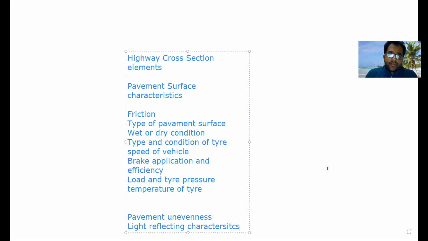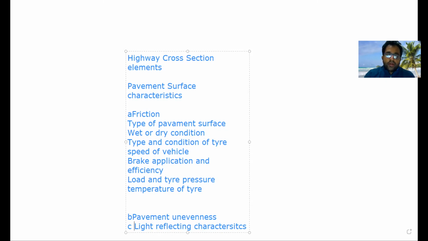Okay, so pavement surface characteristics is one important factor. In pavement surface characteristics, for clarification, I will note this one as A, this as B, and this as C, right? A is friction. Friction is decided by the type of pavement surface, whether the road is in wet or dry condition, the type and condition of tire, the speed at which the vehicle is moving, how the brake is applied and with what efficiency, the load and tire pressure, and finally the temperature of the tire.